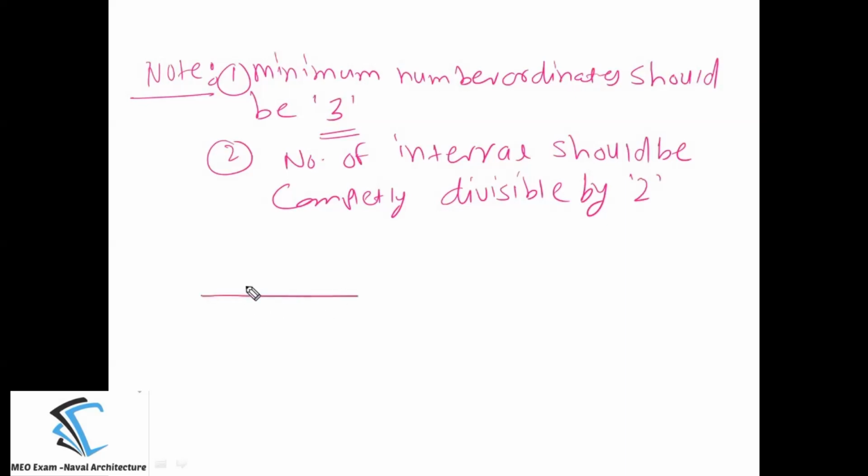Suppose if you have a 3 ordinates and equal spacing, you can say equal intervals. So you have a y0, y1 and y2. Like you have a 3 ordinates. So how many intervals are there? If you have a 3 ordinates minus 1, you will get the number of intervals. So in this case you have a 2 intervals.